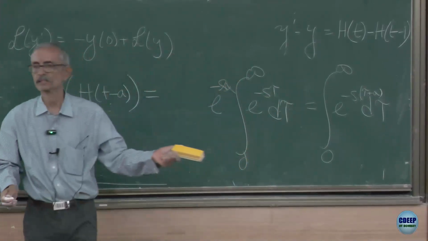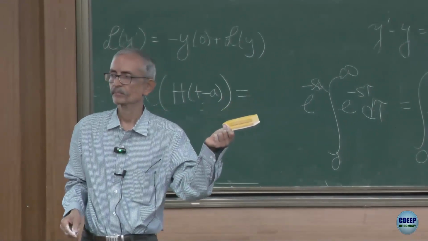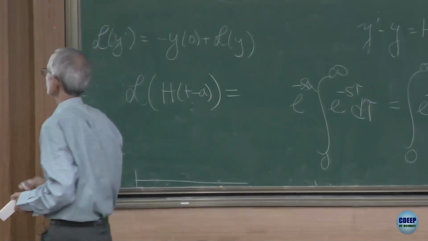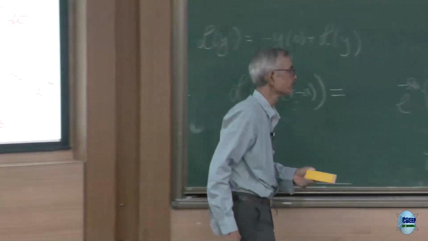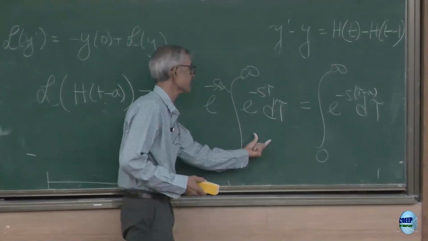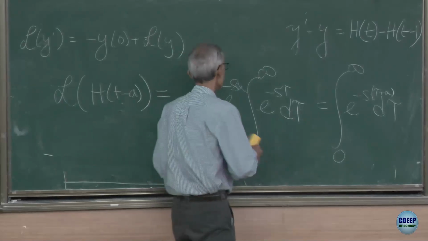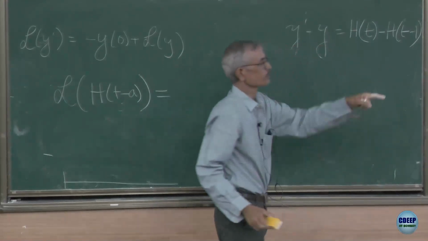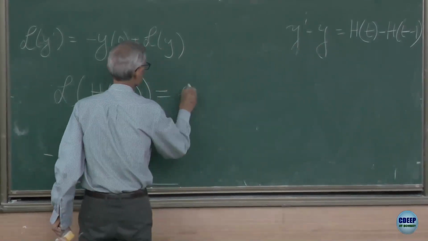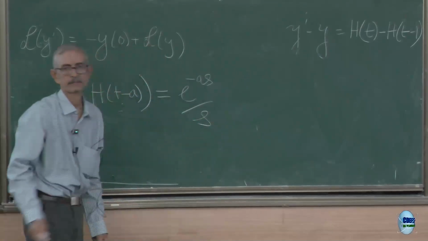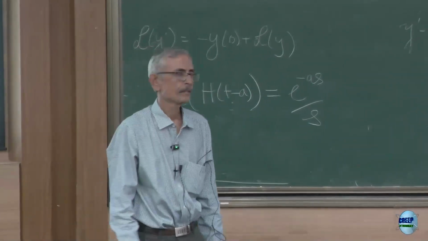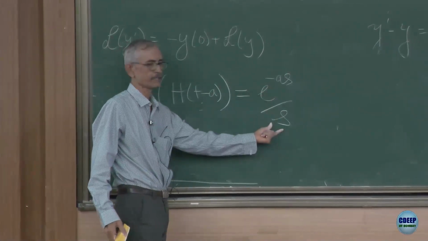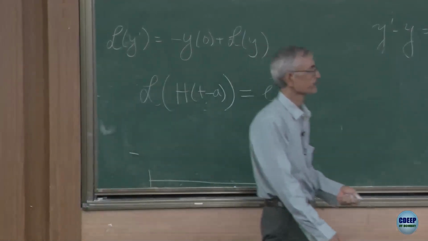Minus 1 by s, right? So I've got 1 by s here, that's minus 1 by s, and then there's a negative, so that makes it a positive. So this becomes e to the minus as upon s. Okay. So the Laplace transform of H(t minus a) is e to the minus as by s.